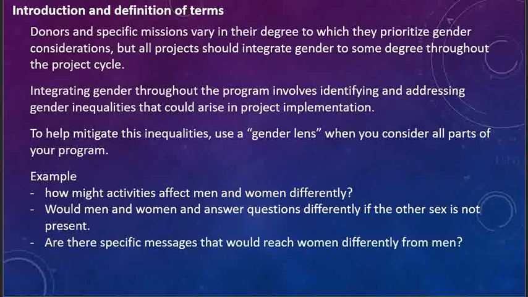So there are those issues that arise within gender, and that is why you have to use your gender lens at every stage of your project to avoid imbalances, inequalities, and biased outcomes of your project.